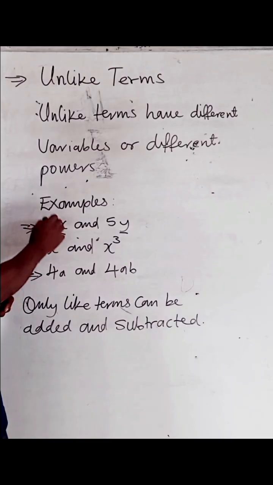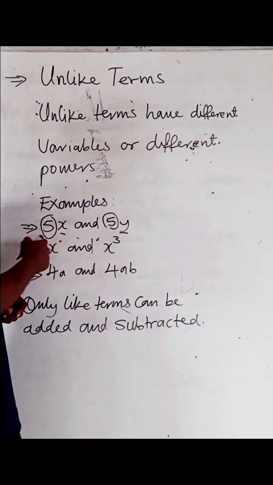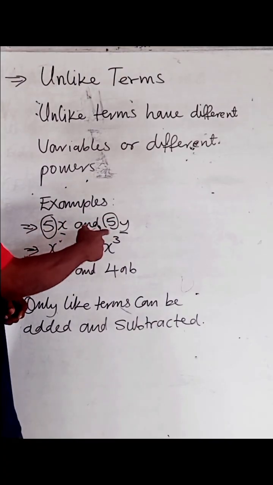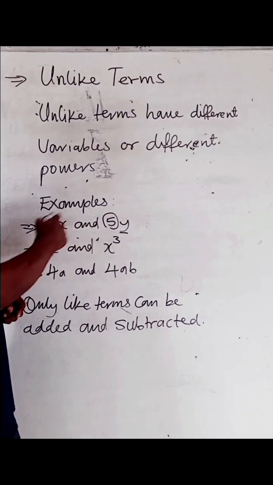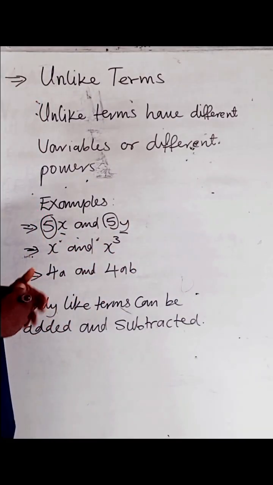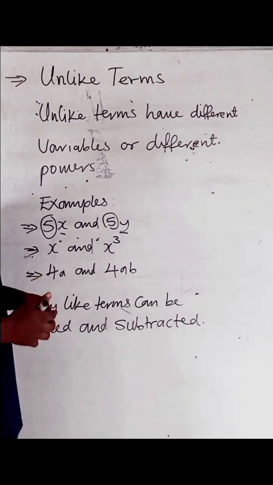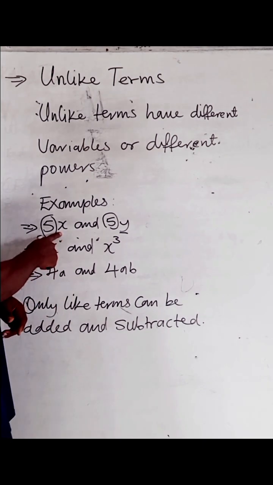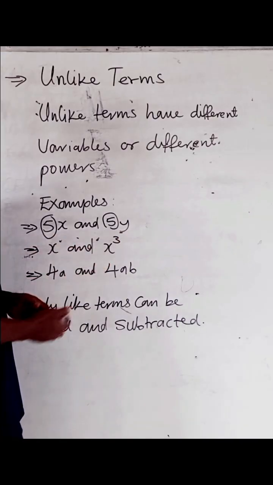Even though the coefficients are similar, because we have 5 in this expression and also 5 in this expression, these two are unlike terms. Why? Because the variables are different. We have x in this expression and y in this expression.